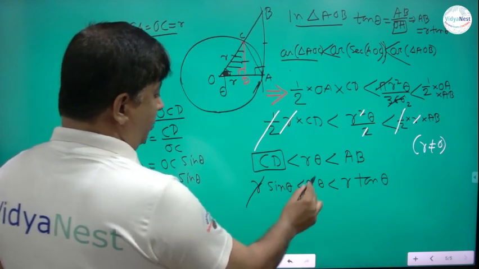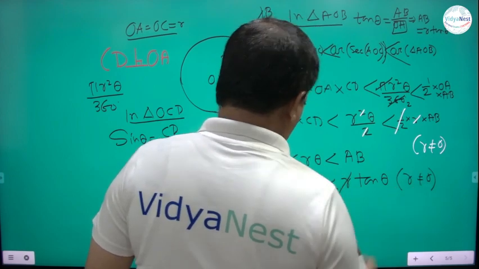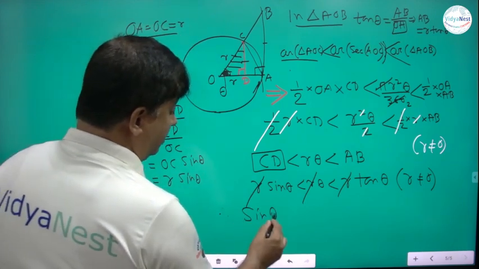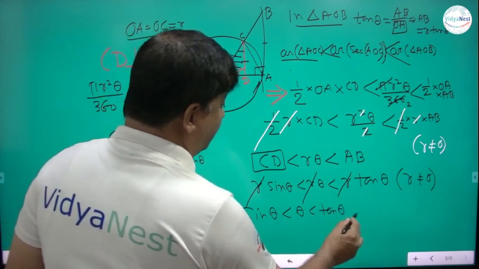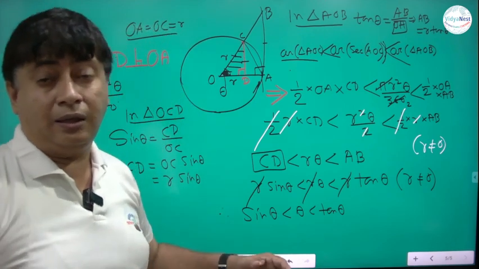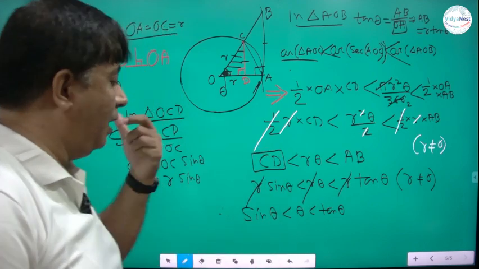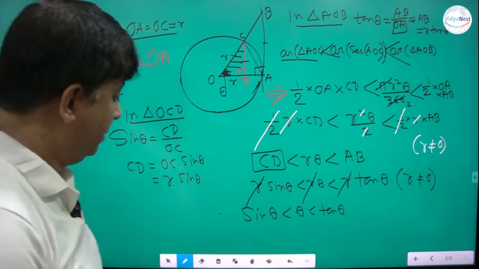Again, you can drop R from each side. So I have got one inequality like that. And this inequality refers to what? That squeeze play theorem or sandwich theorem. Yes or no?